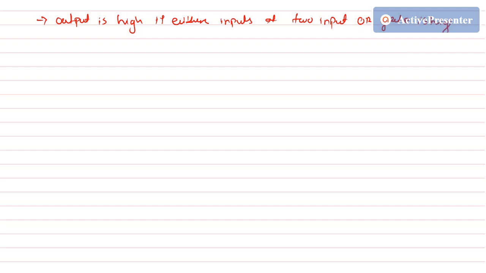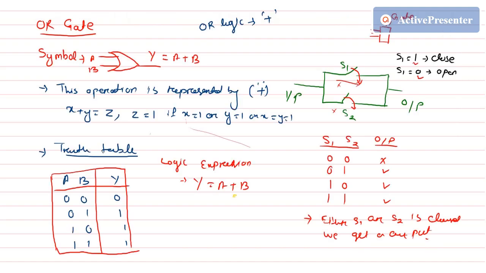So you see here the OR gate, how many inputs are there? There are two inputs, so I will write here inputs. These are the inputs, this is the output. In the statement I have written two input OR gate.